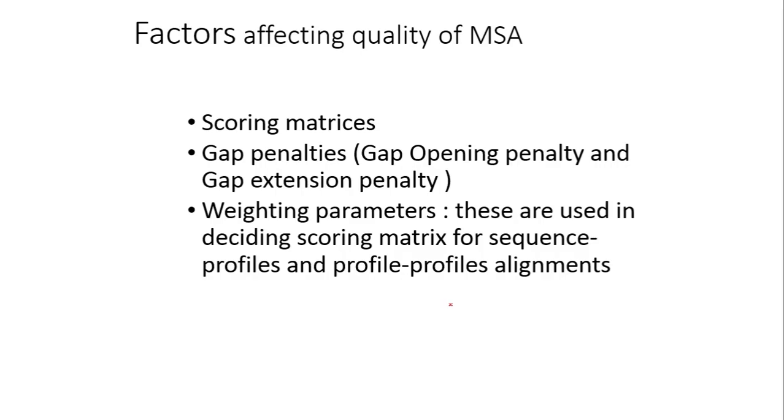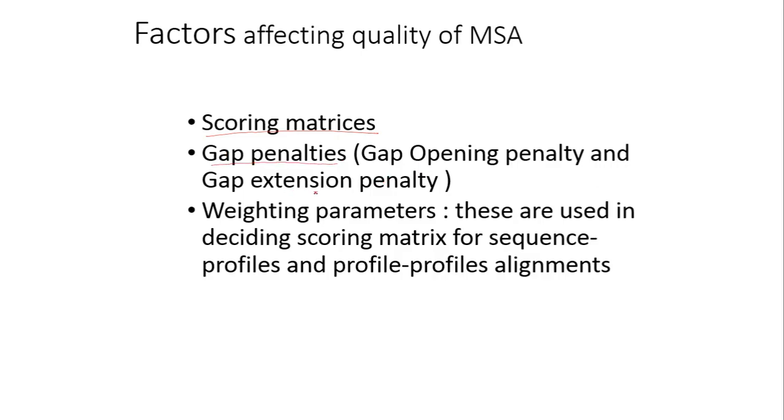Okay, so now let us discuss the factors that affect the quality of multiple sequence alignment. The first and foremost factor would be the scoring matrix that you use for aligning the sequences. The second factor would be gap penalties. You are already aware of what gap opening penalty and gap extension penalty are.